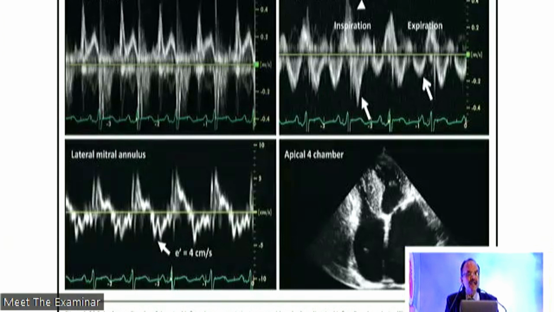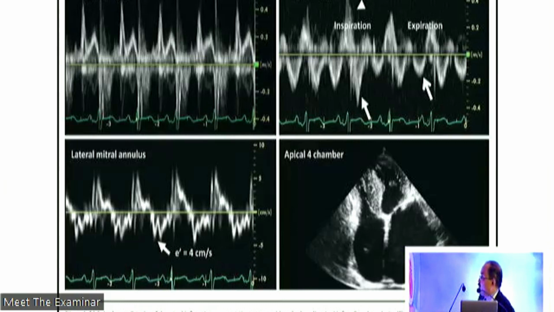On the other hand, if we look at restrictive cardiomyopathy, it is important to note that there is an inspiratory diastolic flow reversal. Look at this. This is an inspiratory diastolic flow reversal. The mitral flow velocities do not show any significant variation, and the lateral mitral annulus is showing even lesser velocities.